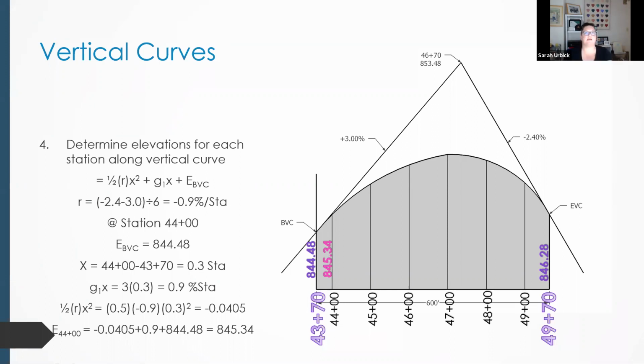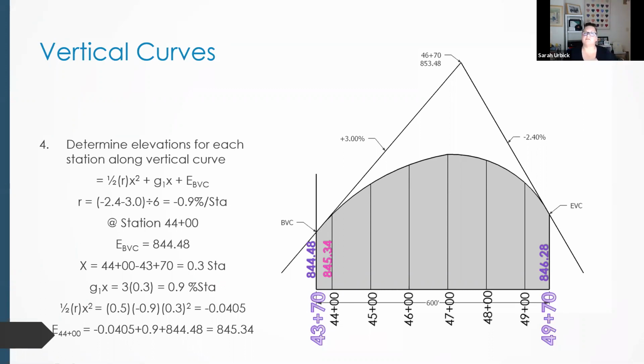So for every 100 feet we go over, we're going to drop 9/10. That's what that negative 0.9% per station is telling us. Our grade is a negative 9/10 for every 100 feet. Our stations are conveniently 100 feet.